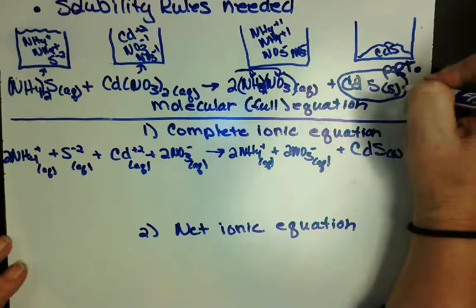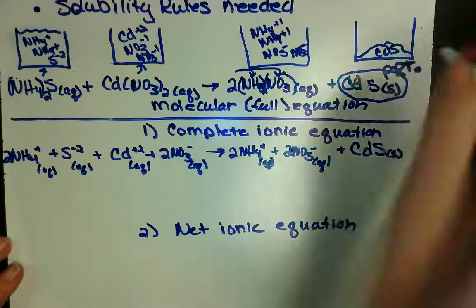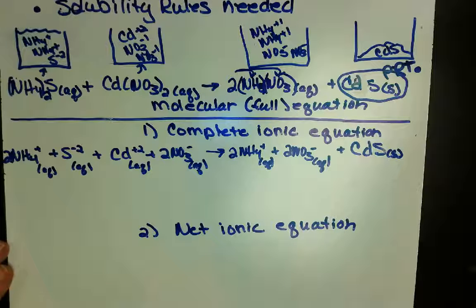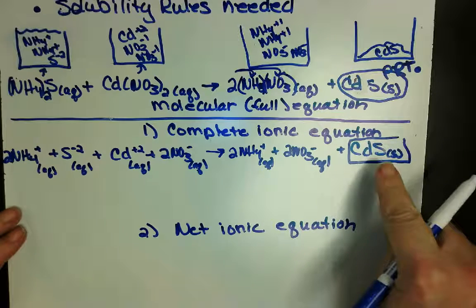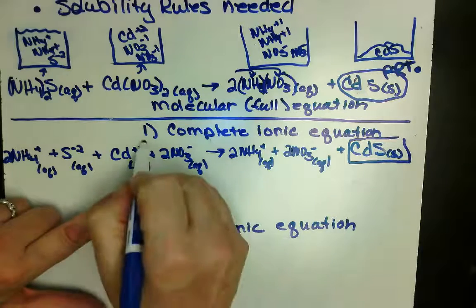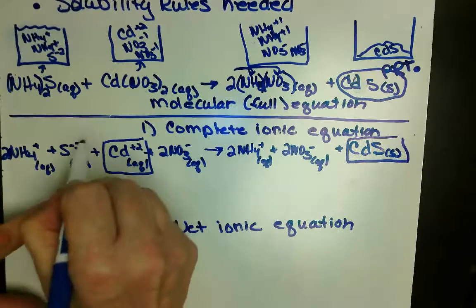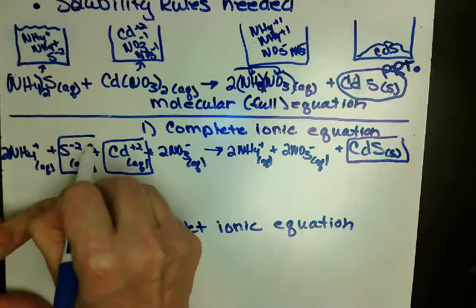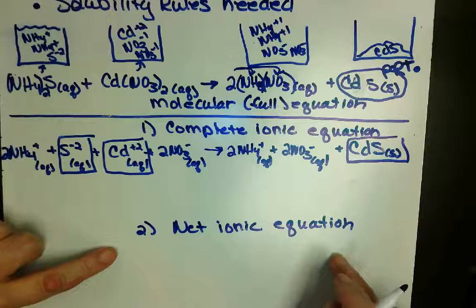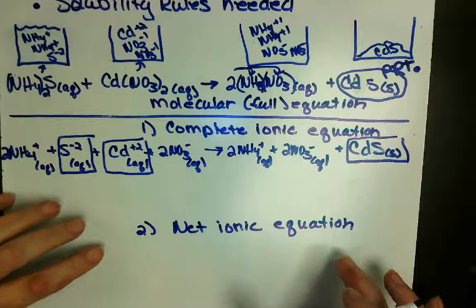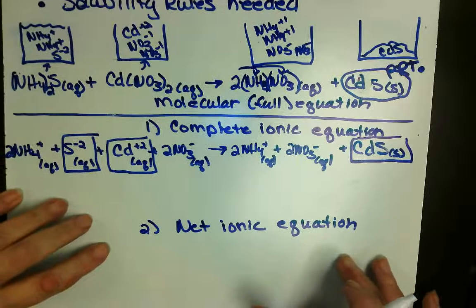Remember, PPT is for precipitate. So if that's my precipitate, that is the product that was formed. And what made this product? Well, our cadmium made it and our sulfide made it. So our net ionic equation is only the things that participated in the reaction.